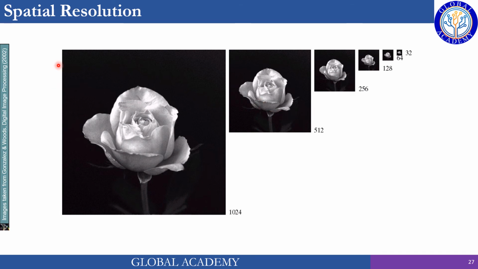This image is taken as 1024 pixels along one dimension horizontally and 1024 pixels vertically, whereas this image is taken with half resolution. Half resolution means 512 pixels along the x-axis and 512 pixels along the y-axis. And similarly, another same image with further half resolution, and so on up to 32 by 32 pixels.